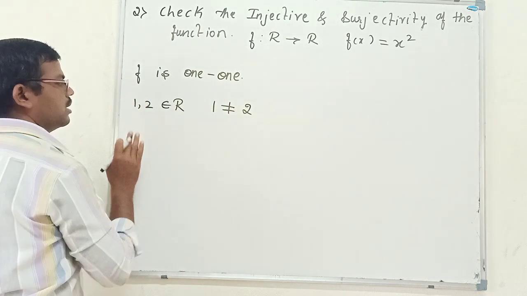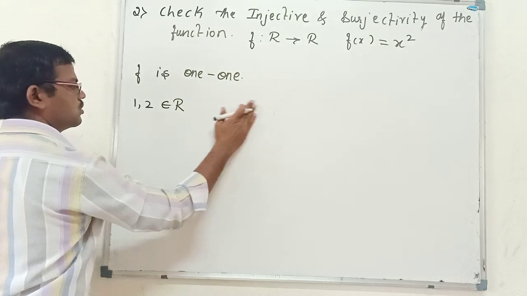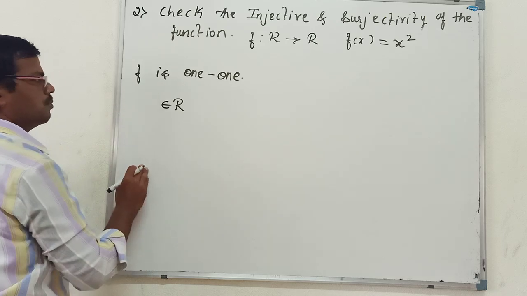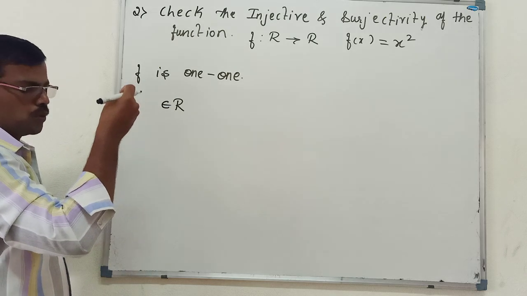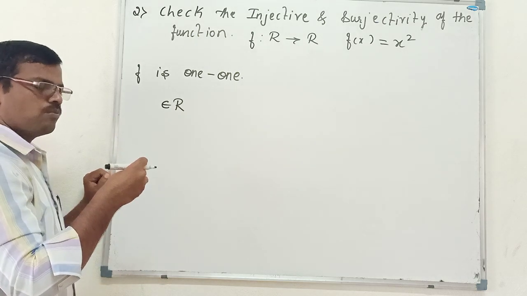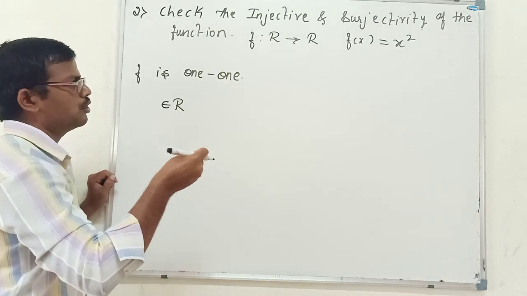Whenever we have real numbers, the most important thing is that we have both positive and negative numbers. In the integers also we have both positive and negative numbers.